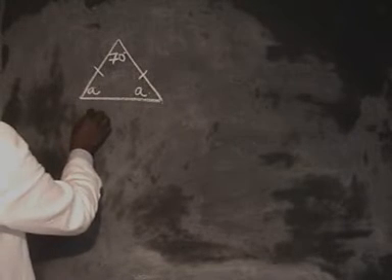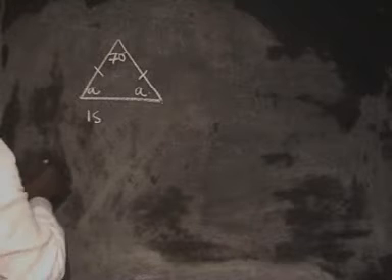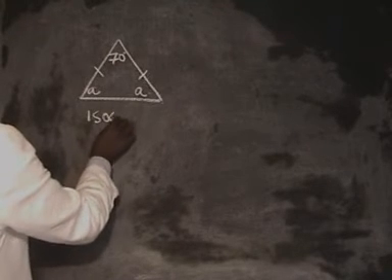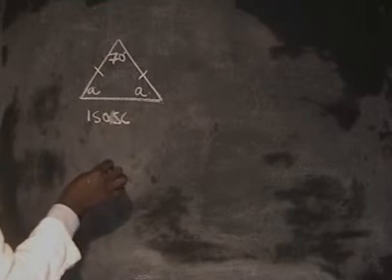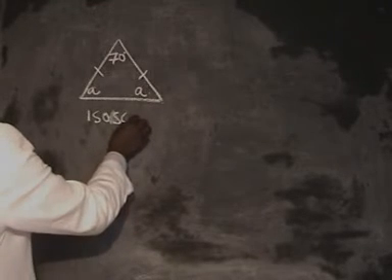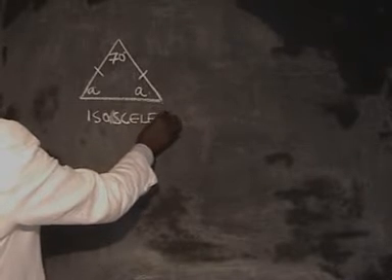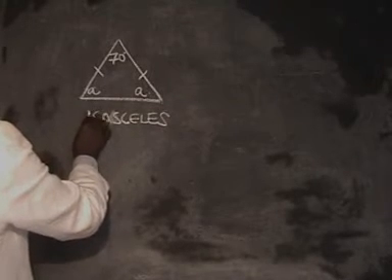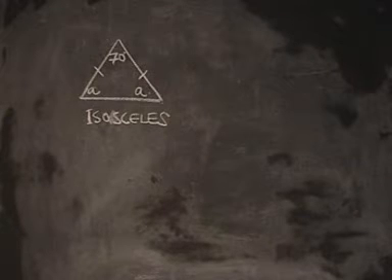So the spelling for an isosceles triangle, it is I-S-O-S-C-E-L-E-S. This is isosceles, and the isosceles triangle. Then for the isosceles triangle, it has two equal sides and two equal angles.